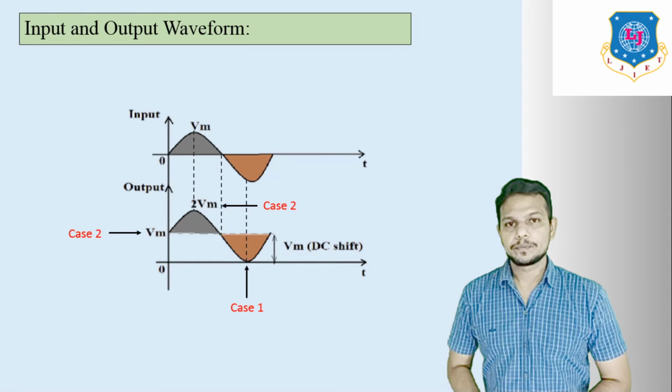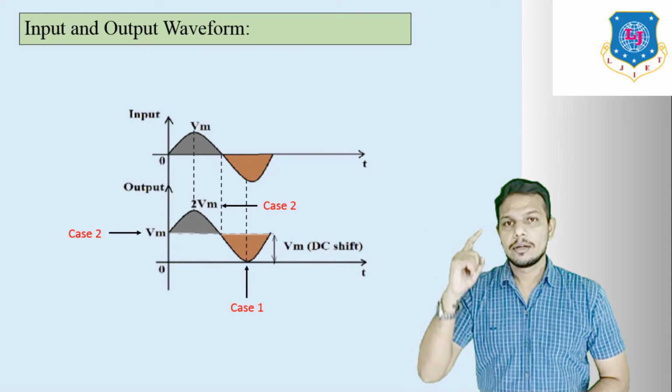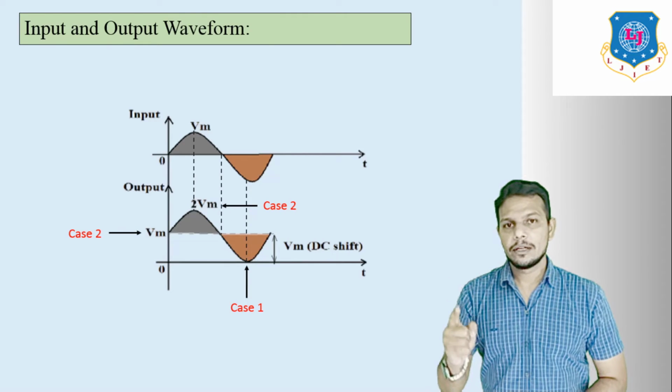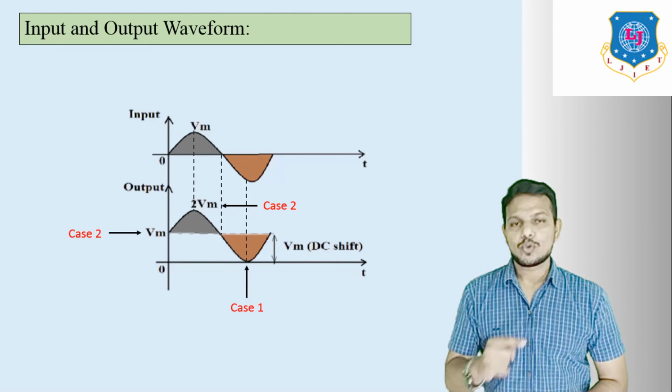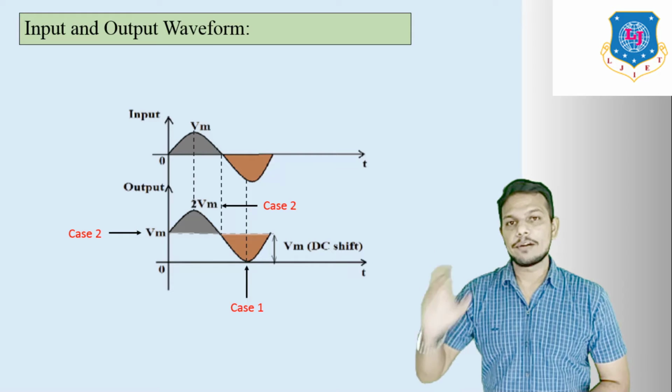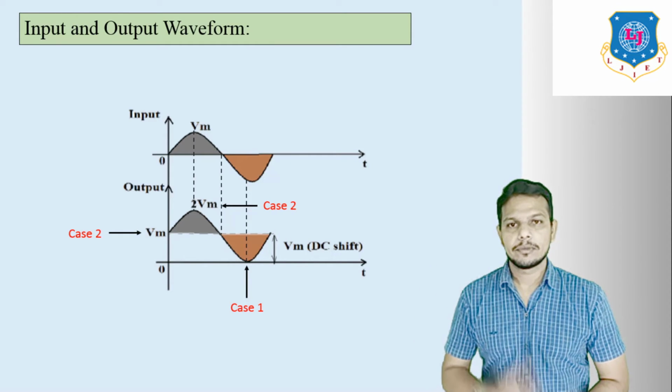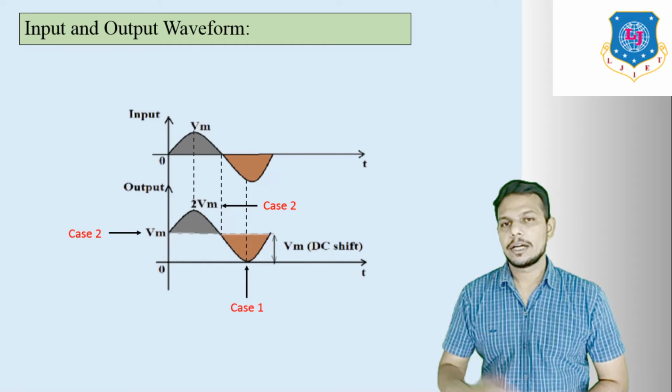Now case number 2, if your input is maximum voltage, then your output will be twice Vm. If you enter 5 volt, your output will be 10 volt, twice your input value.